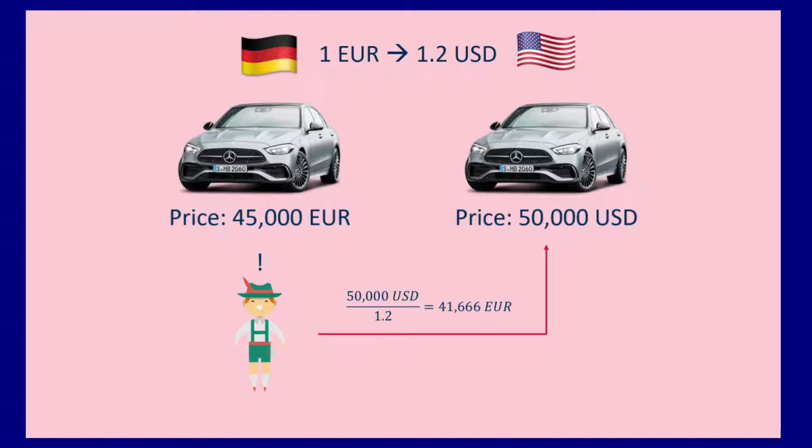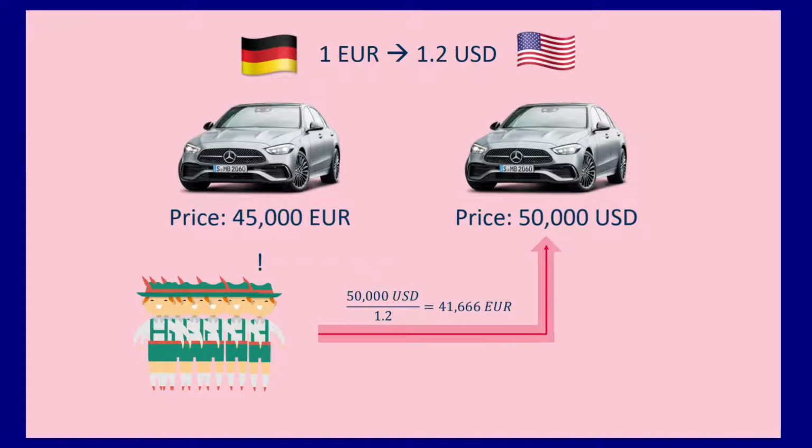Okay, now you might say, yeah, but why is this a market mechanism that ensures that exchange rates or prices are the same? Because our German guy would not be the only person doing this. He would tell all his friends, all his German friends, and everyone would take the same transaction. Now, this would lead to the following. First of all, the demand for US dollars goes up, because everyone wants to exchange euros to US dollars.